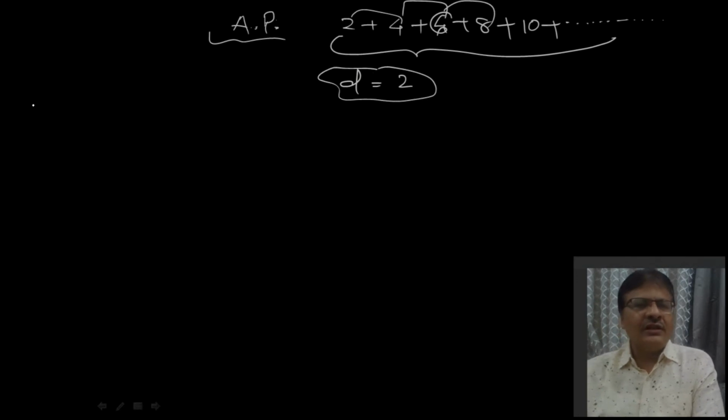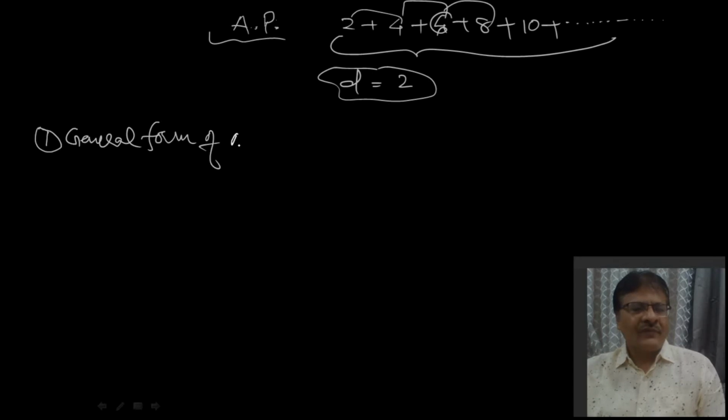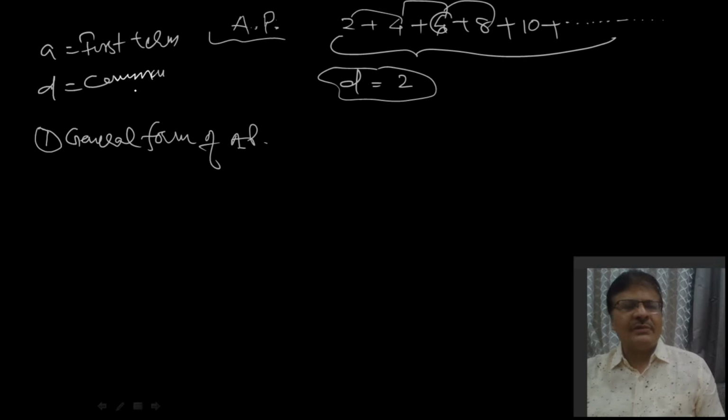So first of all, I would like to explain some theory related to arithmetic progression. What is the general form of AP? Suppose A is the first term of AP and D is the common difference of AP. These are the common symbols here.